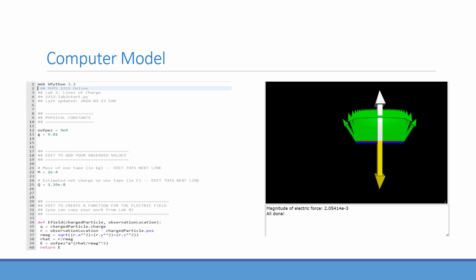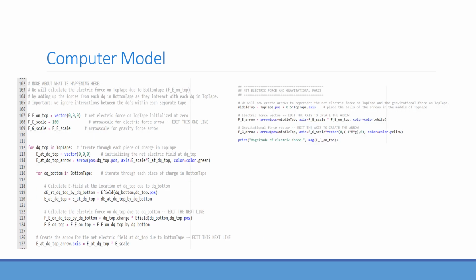This is the computer model used to give us our values. So as you can see here, we use the same electric field function used in Lab 0, and the estimated net charge on the tape, Q, was inputted as well as the mass of the tape.